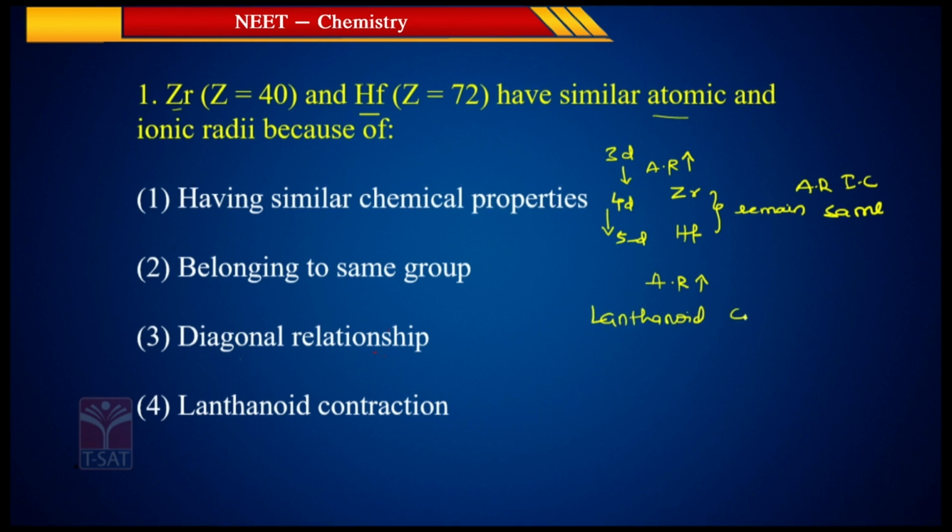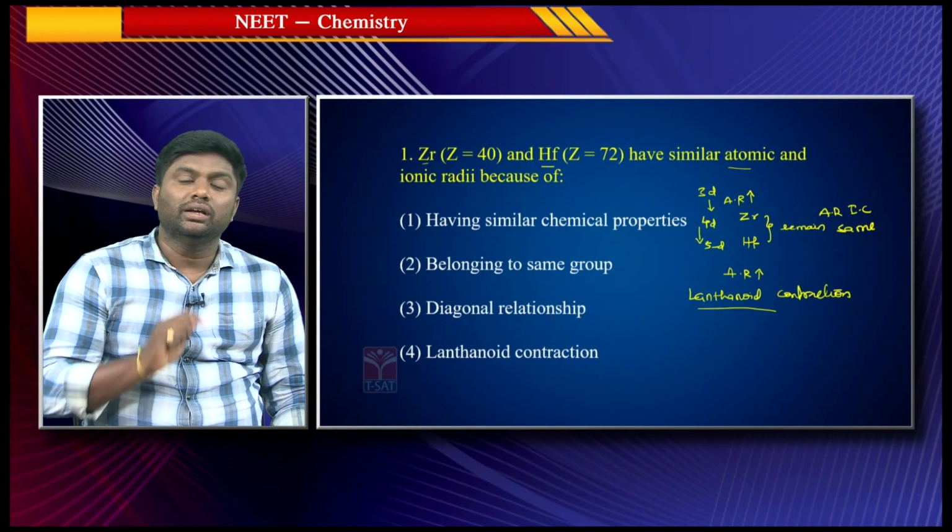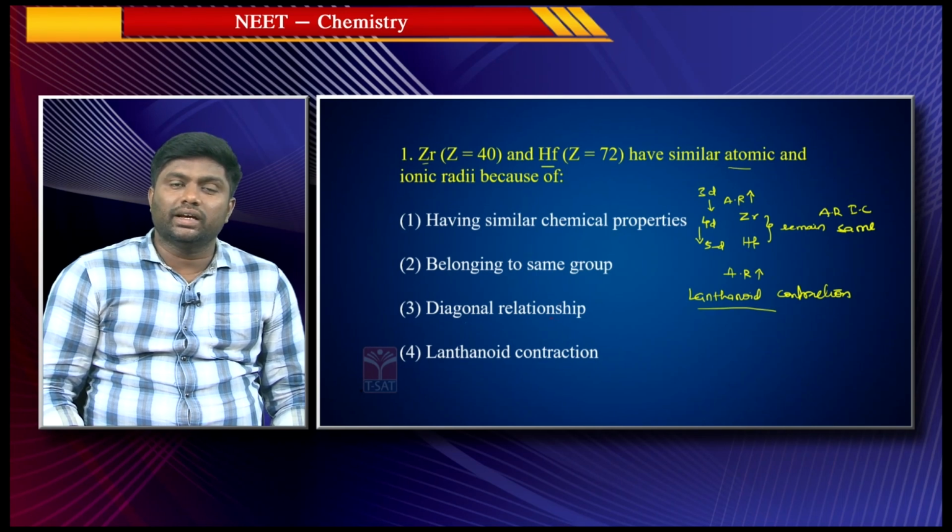I think you have already studied lanthanide contraction in the periodic table. What is lanthanide contraction? Because of the poor shielding effect of f orbitals, the size of the lanthanides will decrease, that is lanthanide contraction.